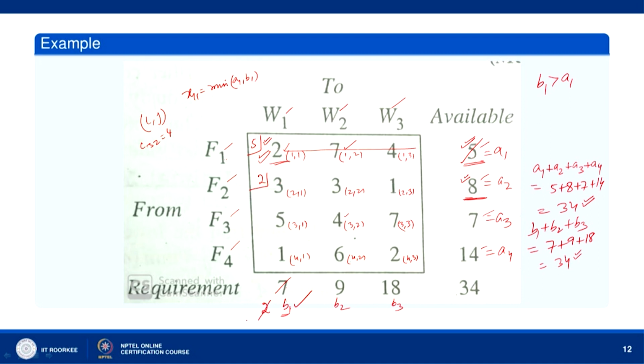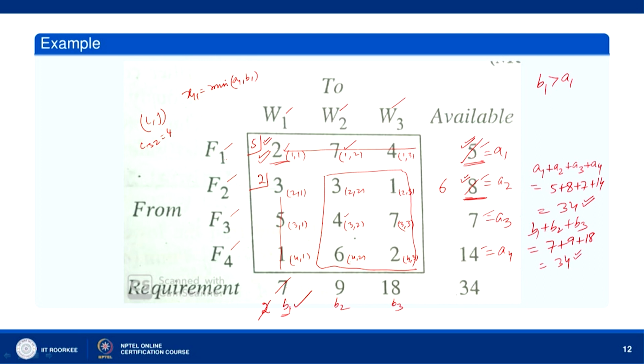This becomes 0 here, and 8 minus 2 becomes 6 here. The requirement of the first warehouse W1 is now fulfilled, so we cross out the first column. And now, what is left with us? This table is left with us.